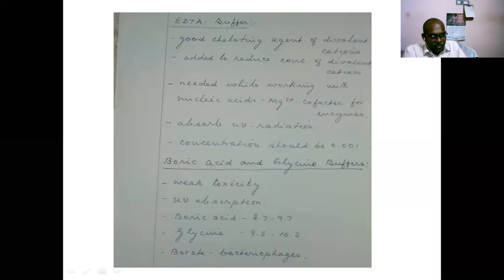The borate buffers can be used while we are working with bacteriophages. So these are all the important points about boric acid and glycine buffer.